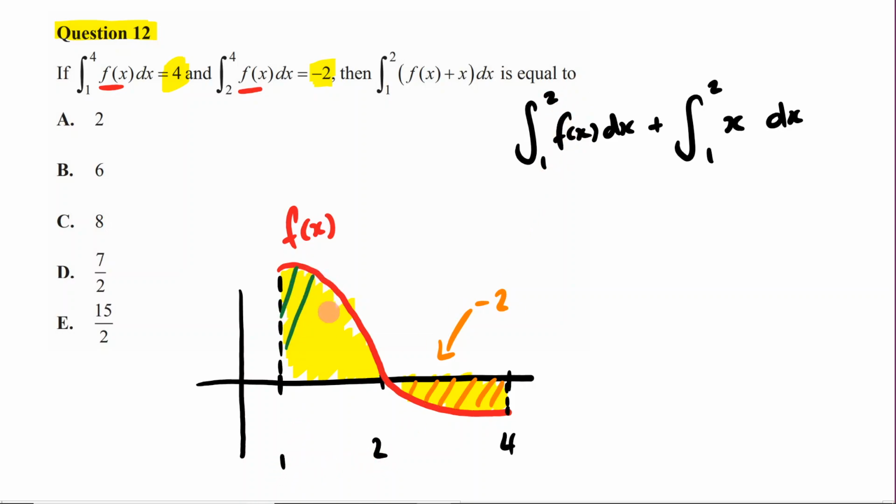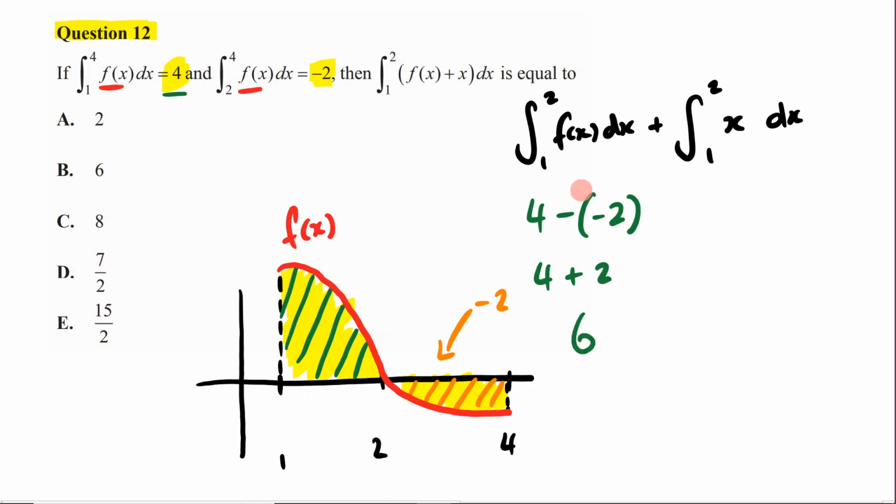What I'm finding is this area right here. Now, if I know that the total yellow area is equal to 4, I'm simply going to go 4 and then subtract that from my orange area, which is negative 2, which means it's going to be 4 plus 2, which is going to be 6. So this thing right here is simply going to be equal to 6.